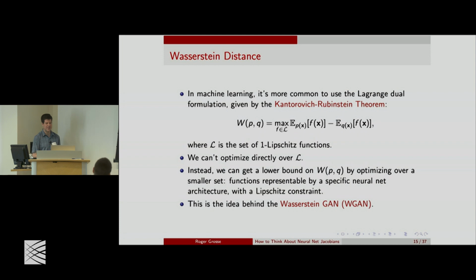And so this is the idea behind something called the Wasserstein GAN, if that's something you happen to have heard of. Basically it uses this formulation. If you happen to be familiar with GANs, this looks kind of like the discriminator for a GAN.